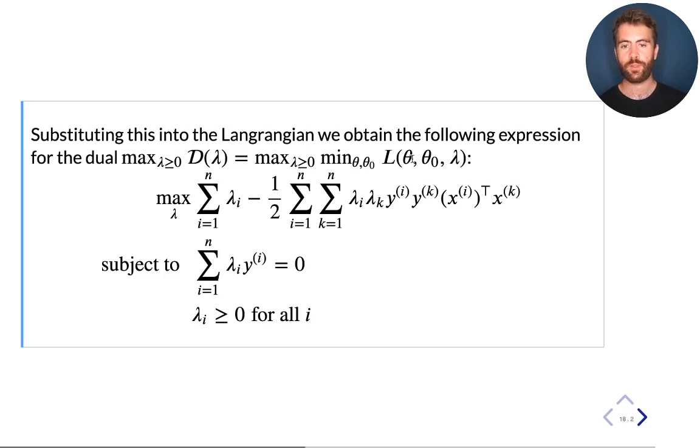So when this theta is the actual minimizer, this constraint must hold, and therefore we also must enforce it as part of our dual optimization problem. So now maximizing this over lambda gives us the dual optimization problem. I have defined a dual version of the SVM problem, and this is how it looks.